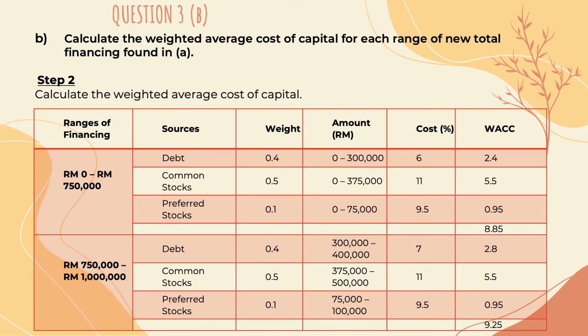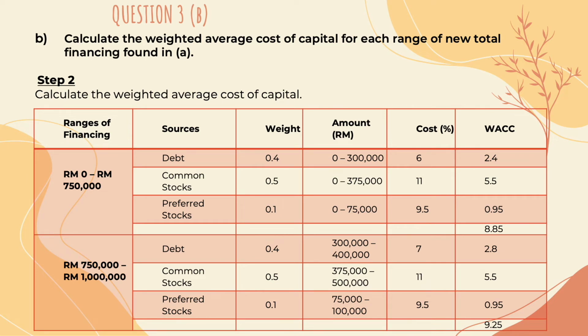For the cost, we have to calculate by the question that is given. So for the debt in the first range, amount 0 until 300,000 and the cost is 6%. We have to refer to the question given for the next cost of each range of financing. For the WACC, we have to calculate.